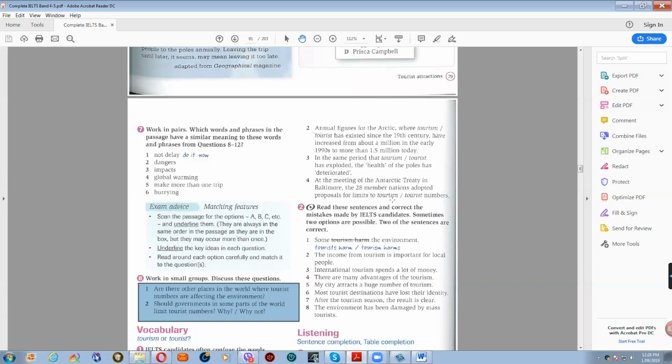At the meeting of the Antarctic Treaty in Baltimore, the 28 member nations adopted proposals for limits to tourist numbers.